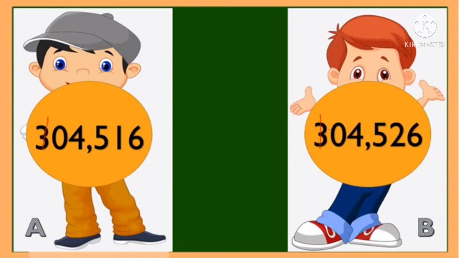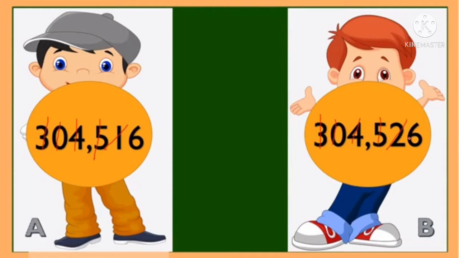So since 3 and 3 are the same, let's move on to 0 and 0, they're also the same. Let's move to 4 and 4, they're also the same. 5 and 5 were also the same. 1 and 2, oops, they are not the same. Therefore, we will stop at those digits.